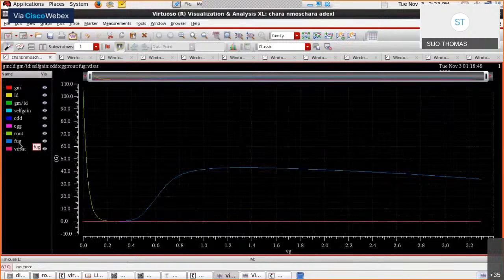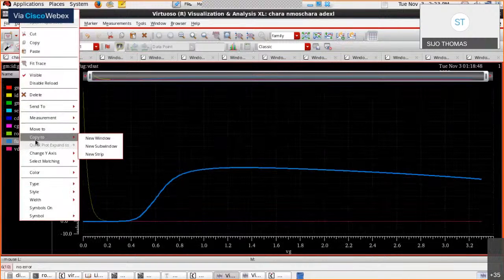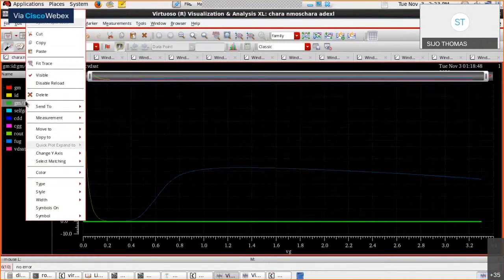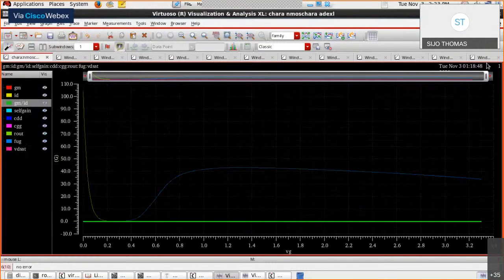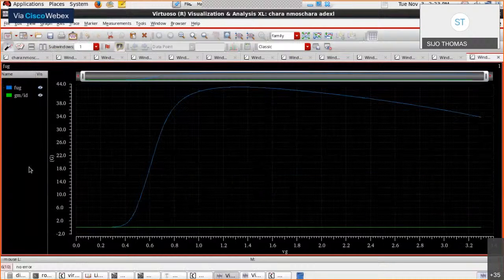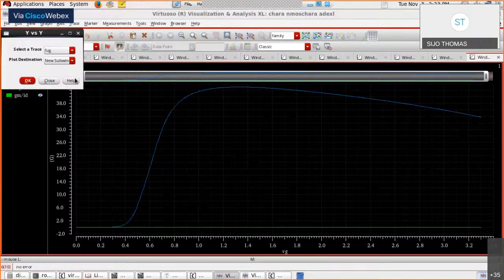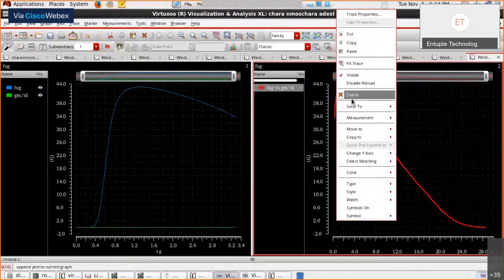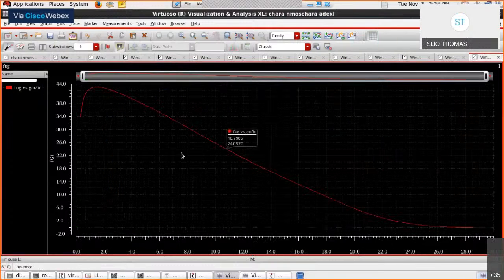FT versus GM over ID, or if you have the curve already, then set up a GM over ID vertical cursor of 10.